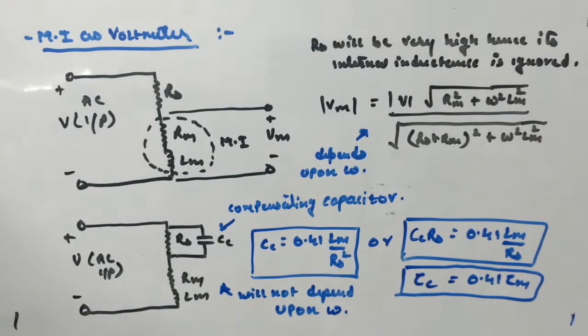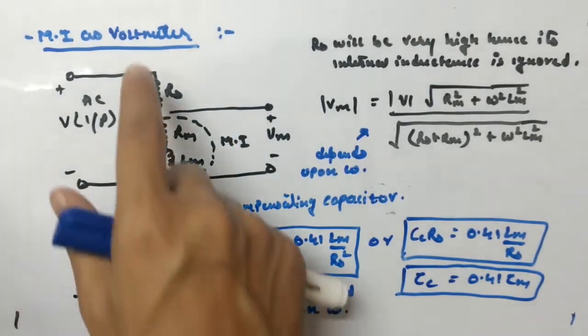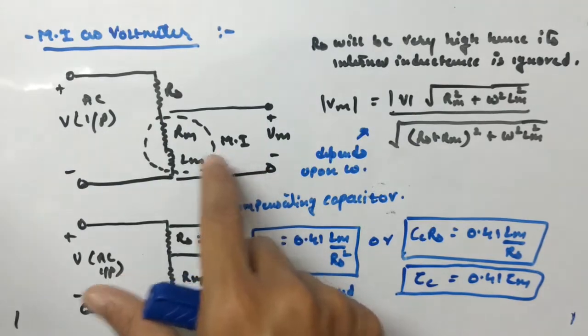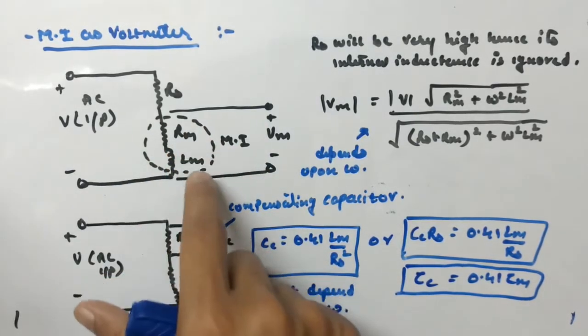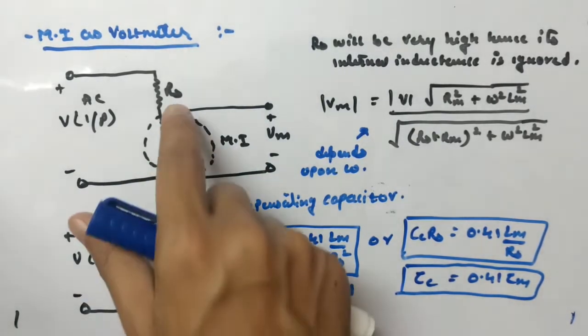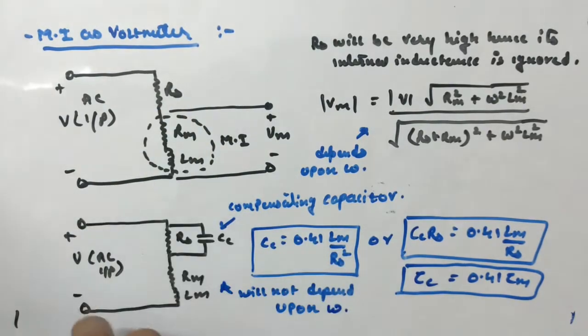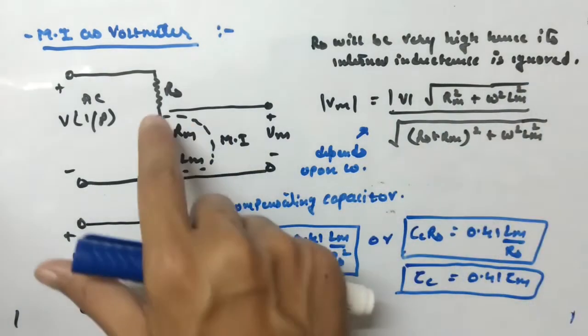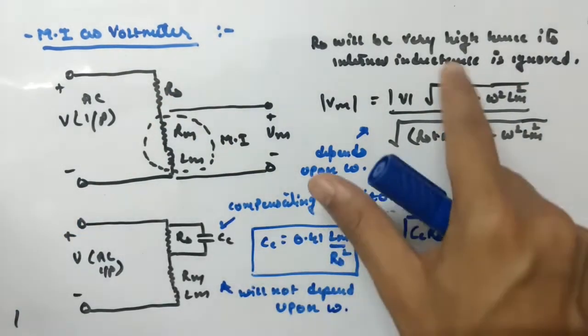Now on the same note, let's see moving iron used as a voltmeter. This will be the arrangement of moving iron as voltmeter. You can see the moving iron with resistance Rm and Lm in series, and there is a very high resistance Rs, and because of its high value, the internal inductance related to this resistance is ignored.